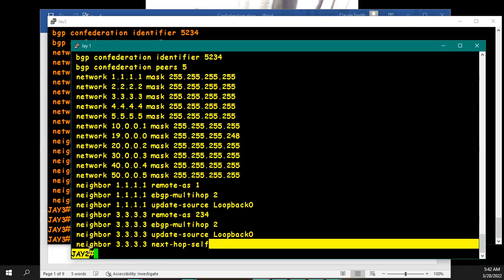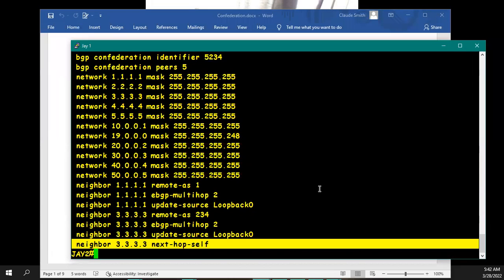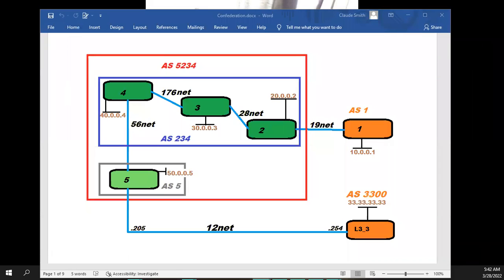Router number 2 tells its neighbor, router number 3, next hop self. So back to what I was saying, router number 2 tells router number 3, hey, if you want to get out to this autonomous system, I am the one you need to be sending that traffic to. So 3 sends any packets that it needs to get to autonomous system number 1, its external speaker, to number 2.